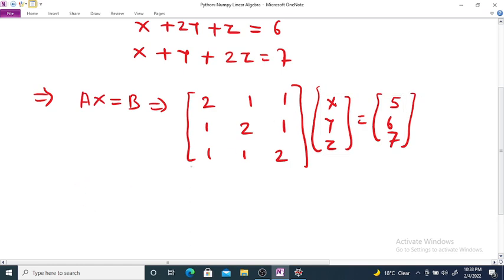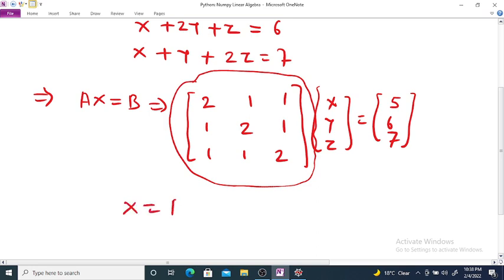The first technique: if this is a non-singular matrix, that is its determinant is not equal to 0, then you can apply x = A inverse b, or you can reduce the matrix to row echelon form, that is, apply the Gauss elimination method or Gauss-Jordan elimination method.